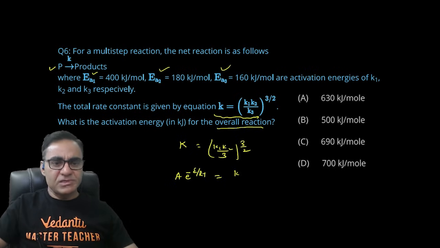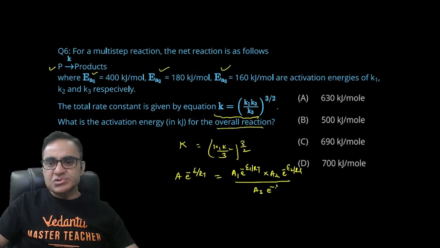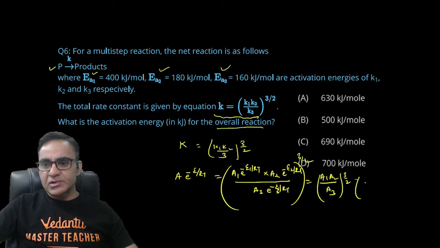So in place of K1, I will be writing, let's say, if the first step has frequency factor A1, e raised to the power minus E1 upon RT into A2 e raised to the power minus E2 upon RT divided by A3 e raised to the power minus E3 upon RT, and this whole raised to the power 3 by 2. Okay. So A1 A2 upon A3 raised to the power 3 by 2, and in the other bracket you can have e raised to the power minus 3 by 2 into E1 plus E2 minus E3 upon RT.